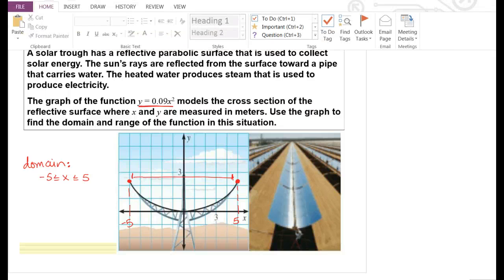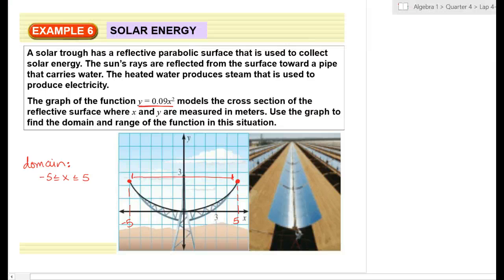My range, I'll draw in green. If we look at my range, remember my range are my y values. Well, my range starts here at 0, and it goes up to this point.